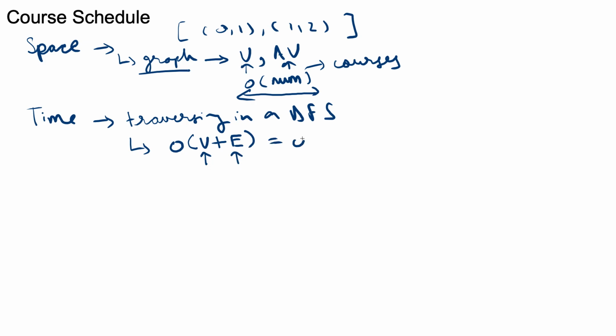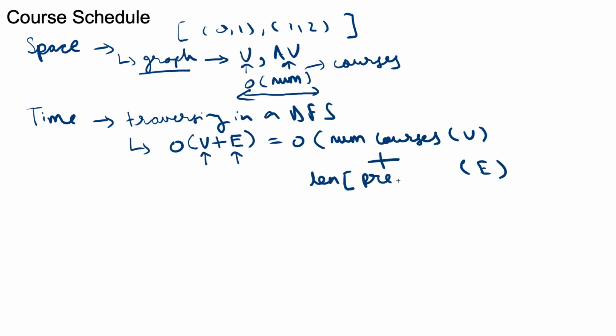So in terms of this problem, it will be the number of courses as your V plus your edges, which is nothing but the length of the prerequisite array. So these two things combined is your time complexity.